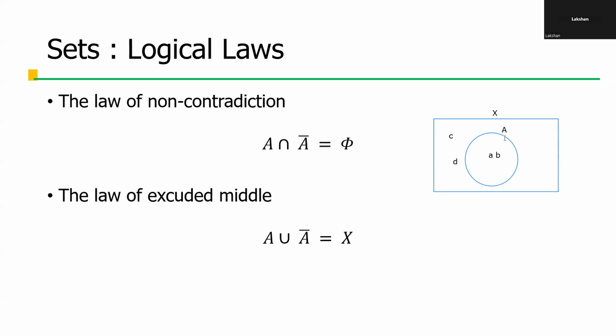That's because there cannot be any element in the boundary that belongs to both sets.